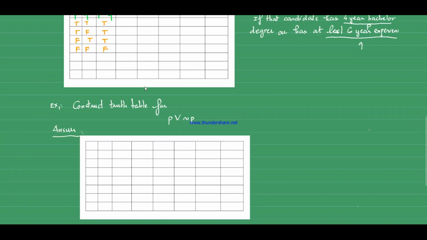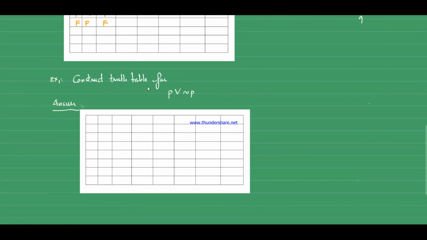Again, I will have P, Q, then negation of Q. I think I messed up over here, I'm sorry.